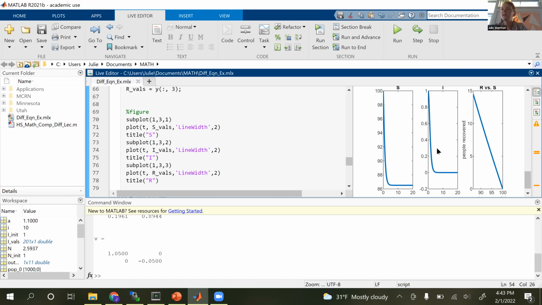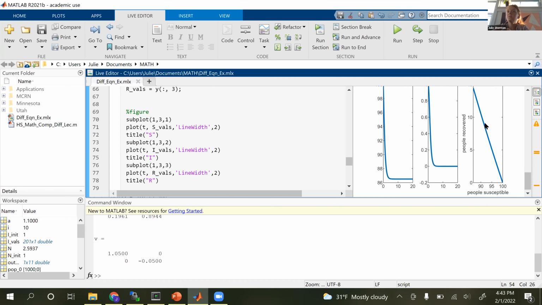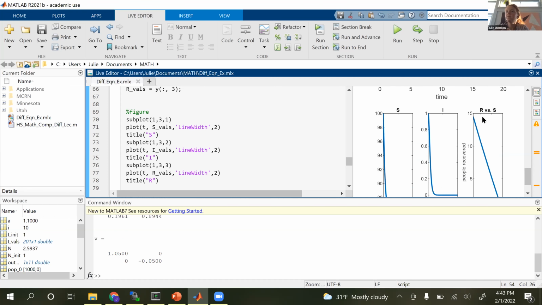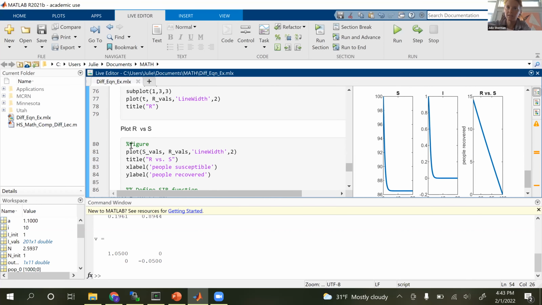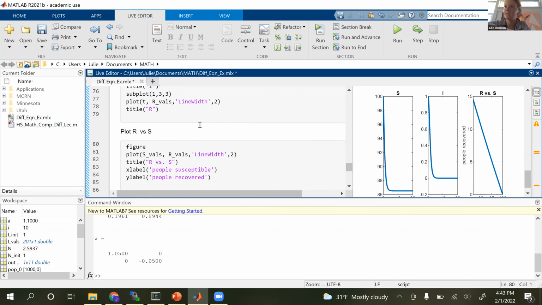Similarly, we see that by year, maybe this is 5, the infection is pretty much down to 0, and everybody is just constantly there. Another thing that we could look at is the plot R versus S. Okay, I didn't mean to do that. I'm sorry.